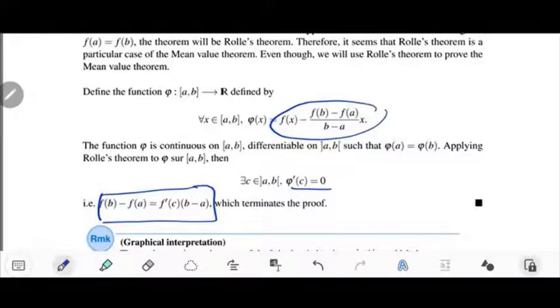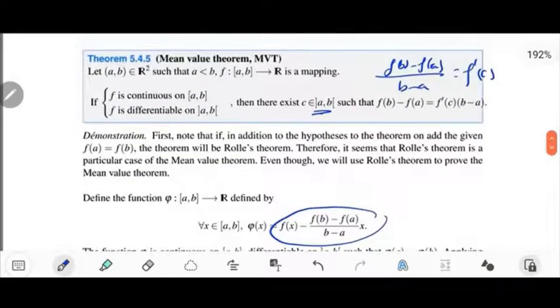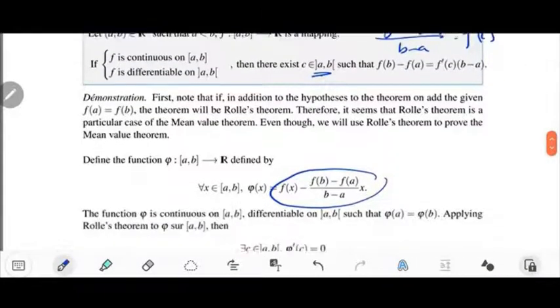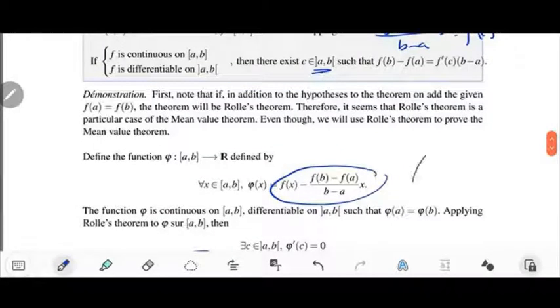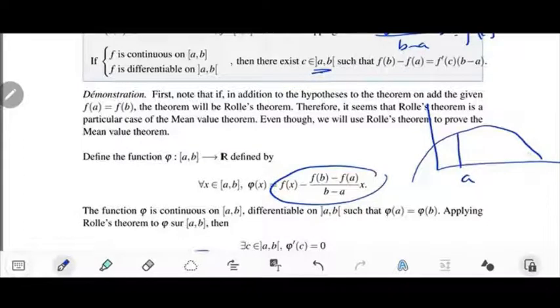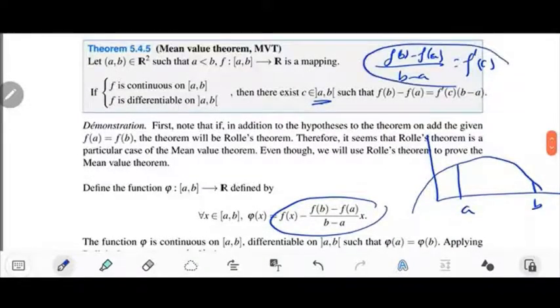But what does the mean value theorem really mean? It means that if you have a function that is continuous and differentiable on AB, let's say this is A and this is B, then you can find a point C such that f prime of C is equal to f of B minus f of A over B minus A. So what is f of B minus f of A over B minus A?